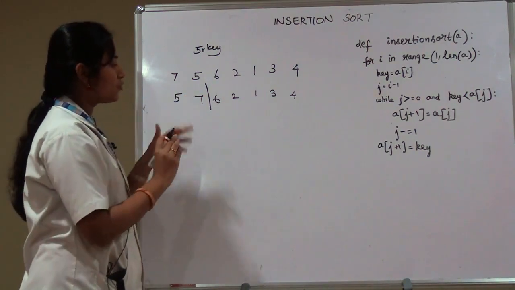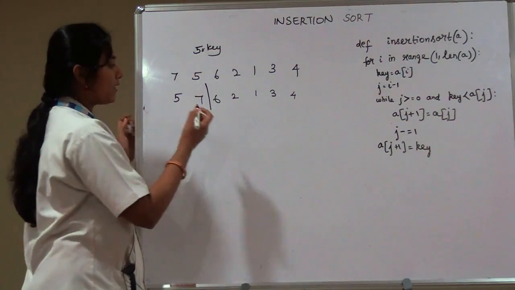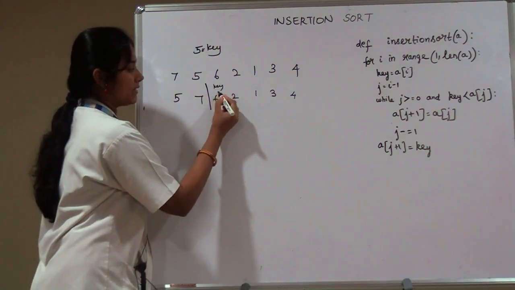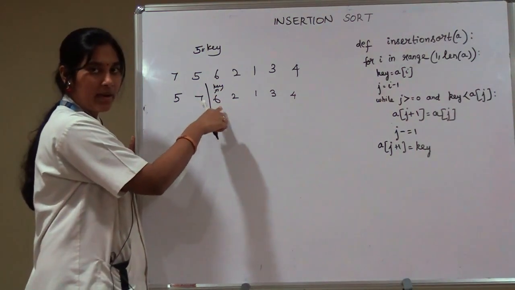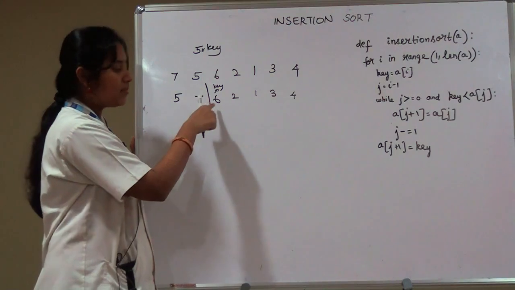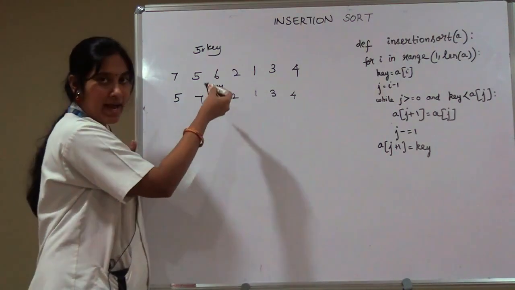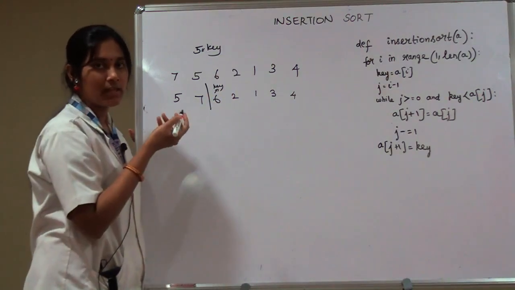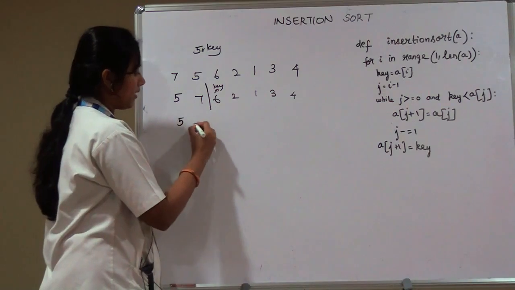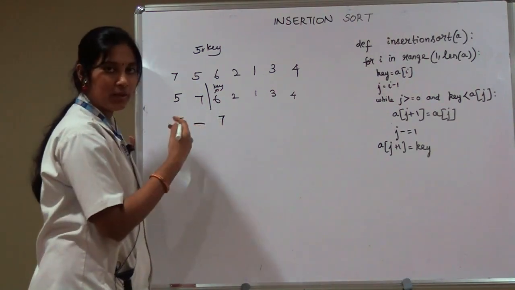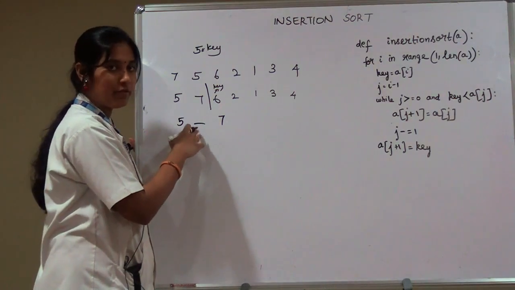Now again I pick my third element as the key element. Here my key is 6. I compare my key element with the previous element, which is 7. 7 is larger, so I move 7 to the third position, and the earlier position is left blank.